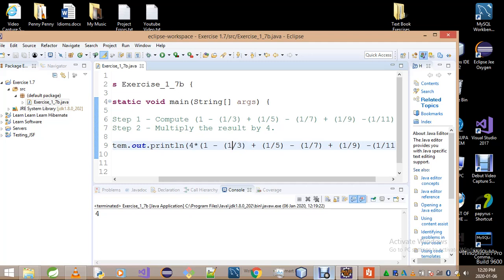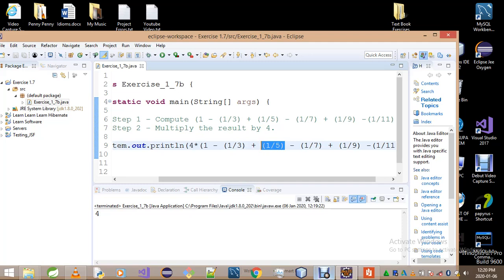So 1 divided by 3 is not 0.333. Instead, it's 0 because 3 cannot go into 1. The very same thing applies here.